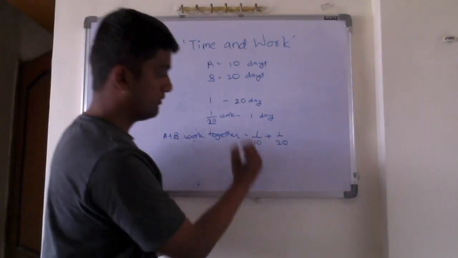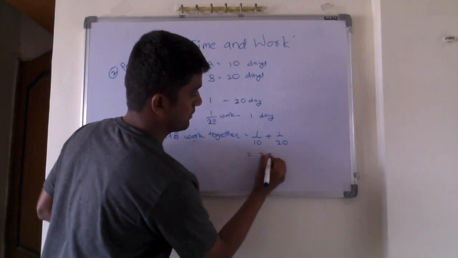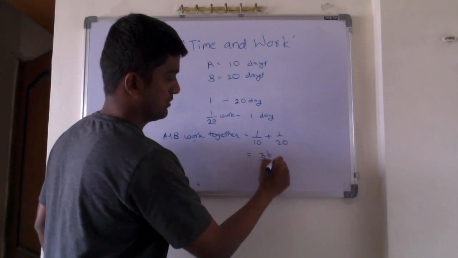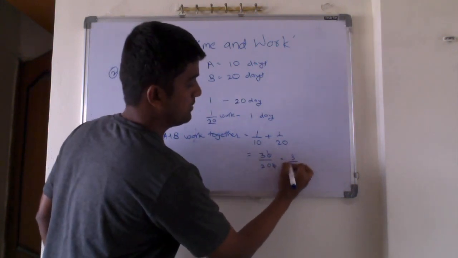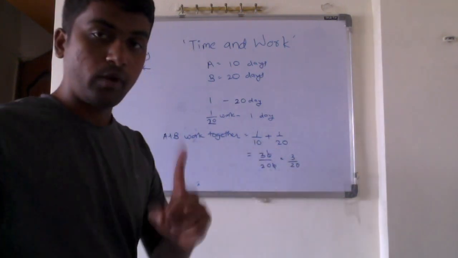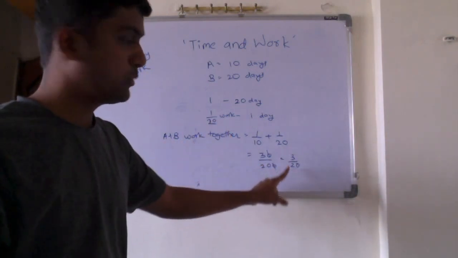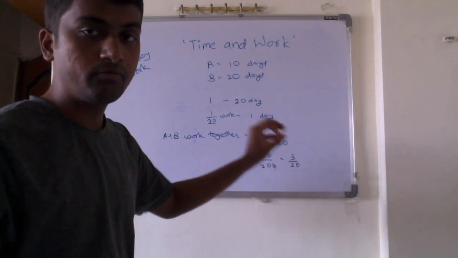Solving this, we get 30 by 200, which is 3 by 20. So in one day, A and B are able to complete 3 by 20 amount of work.